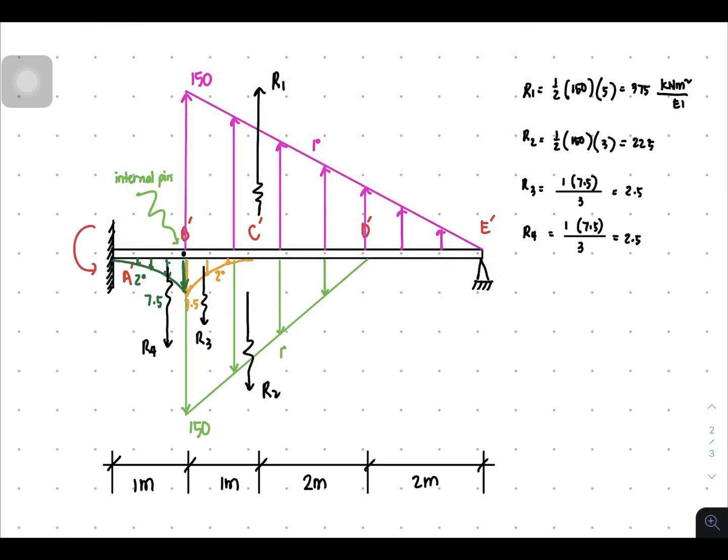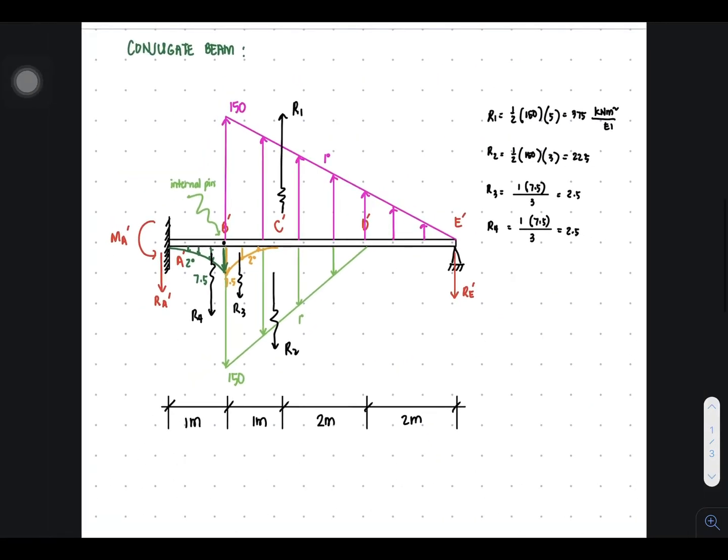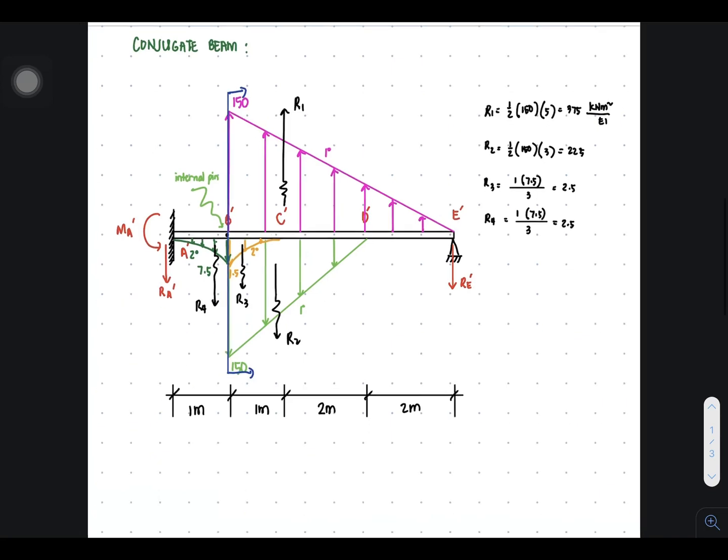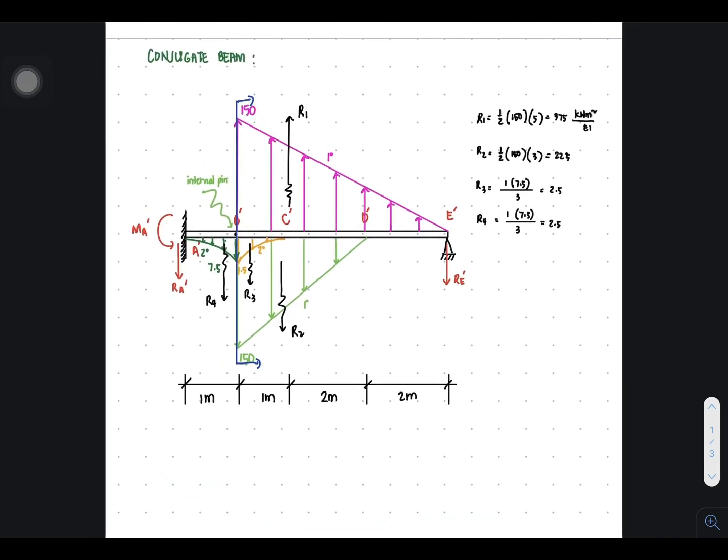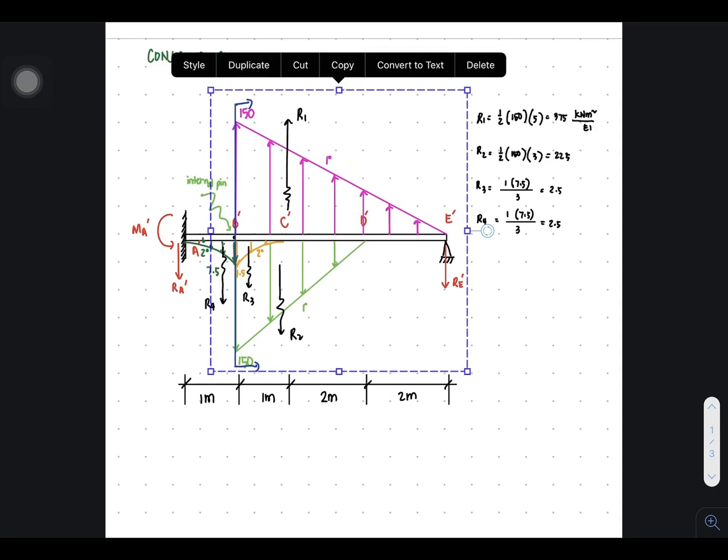So I'll place here MA prime, and then I'll place downward RA prime, and then I'll place here a downward of RE prime.